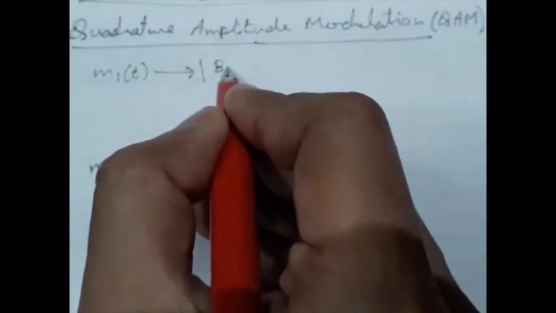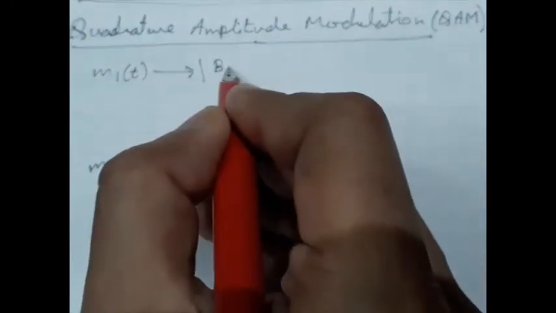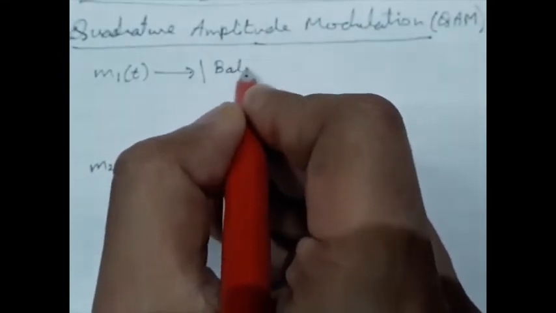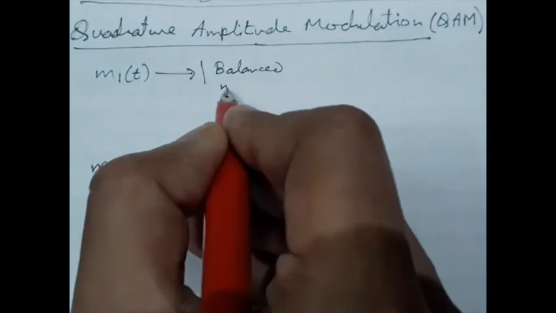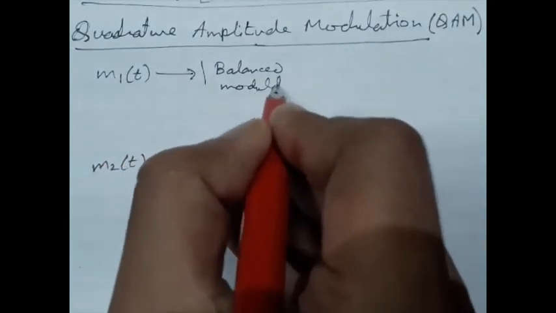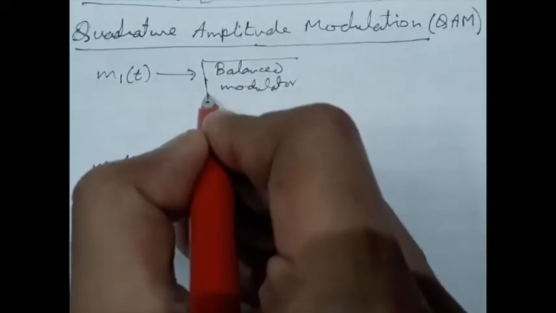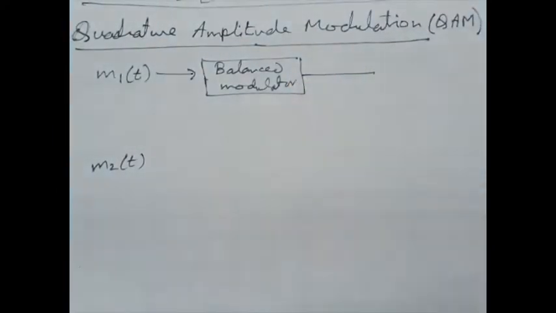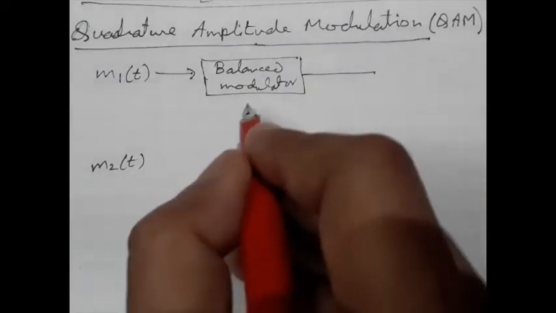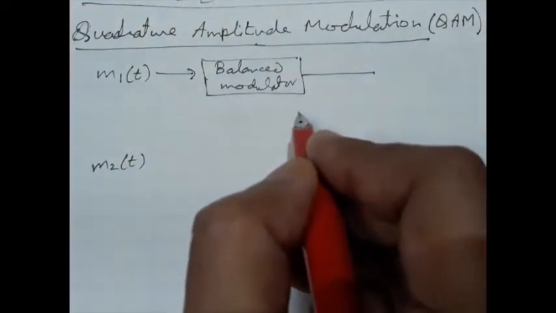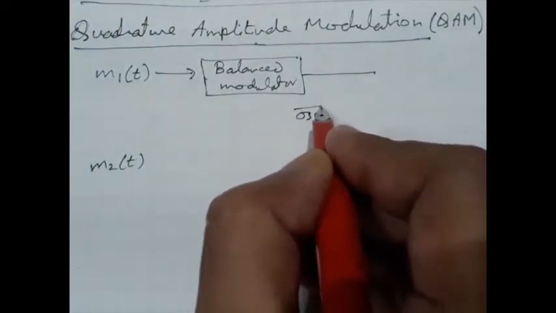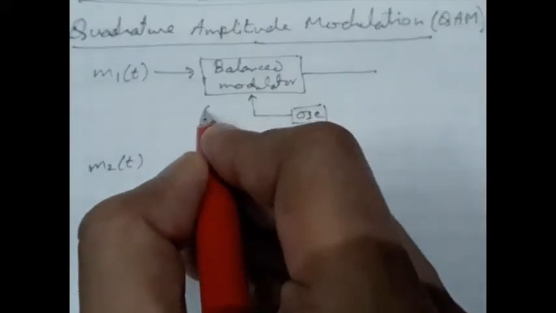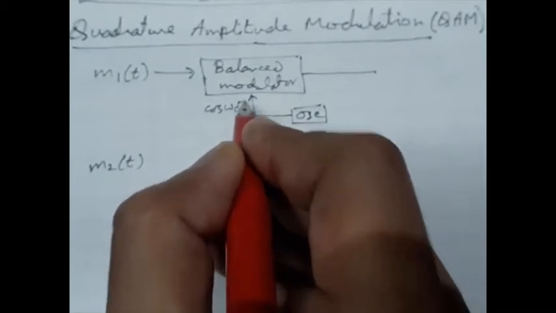First we need to modulate m1(t) using a balanced modulator that should produce a DSB-SC signal. One oscillator must be there that will produce the carrier signal.